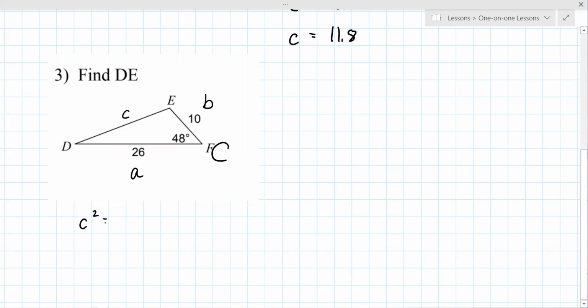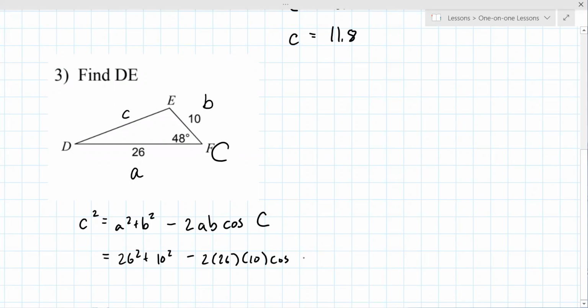Little c squared equals a squared plus b squared, minus 2, it's always these two letters repeated, ab cosine big C. So I'm just substituting the numbers in: 26 squared plus 10 squared minus 2 times 26 times 10 cosine 48.